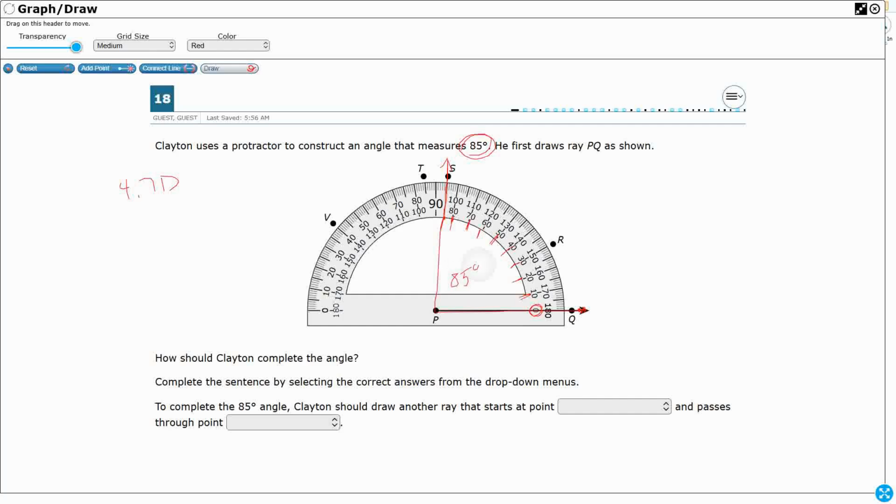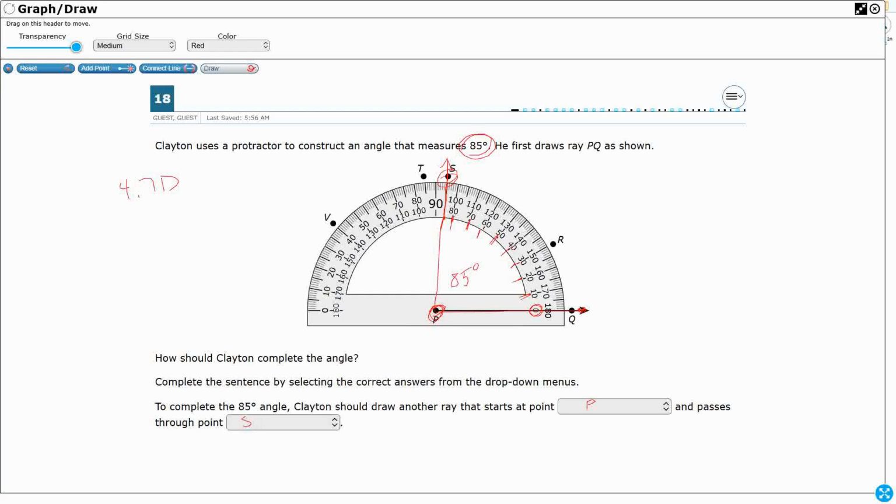It's almost 90. It almost looks like it's a right angle, but it's not quite vertical, not quite up and down. So how did we measure this? Well, let's look at our inline choice at the bottom. To complete the 85-degree angle, Clayton should draw another ray that starts at point, where do I start? I start at point P and passes through point, where does it pass through?